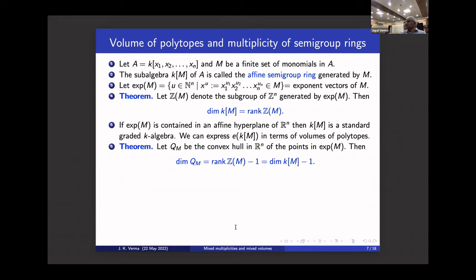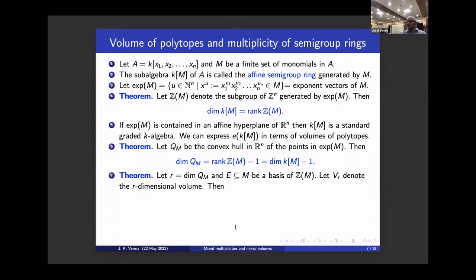So the dimension of the semigroup ring is, of course, the maximum number of algebraically independent monomials among the monomials that we choose in the beginning. But its dimension is 1 more than the polytope that you get. So the algebraic invariant, which is the true dimension, is 1 more than the dimension of the polytope.